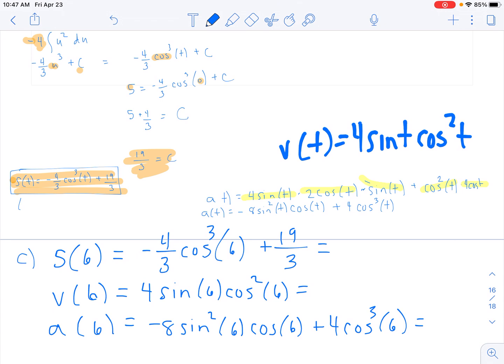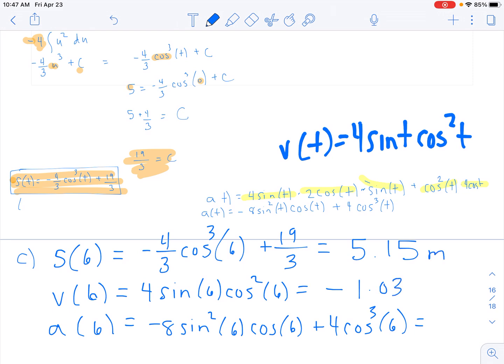For the position, I'm getting 5.15. For the velocity, I'm getting negative 0.03.